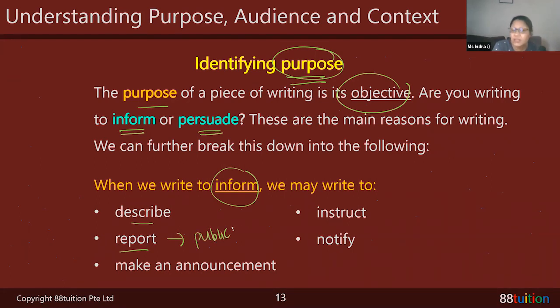For example, COVID. Right now, we have a lot of reports that are ongoing, right? People are informing each other about certain things. Make an announcement, all right? Also meant to inform people about something, right? If the Prime Minister Lee Hsien Loong wants to tell us something, he actually informs us through making an announcement. Instructing people, if I want to instruct you to do something, I'm informing you of the instructions. And to notify you, to make you alert about something, right?